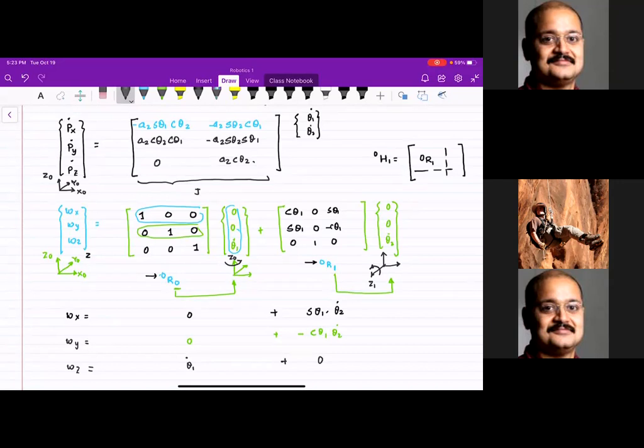I don't know if you understand what exactly happened here, but I will give you a hint. Imagine that you have a vector, and I'm going to write this theta 1.